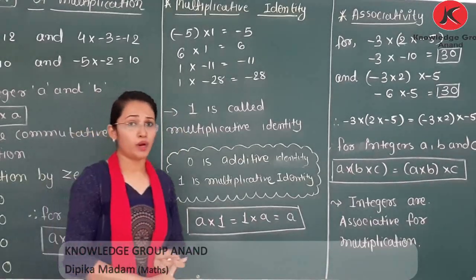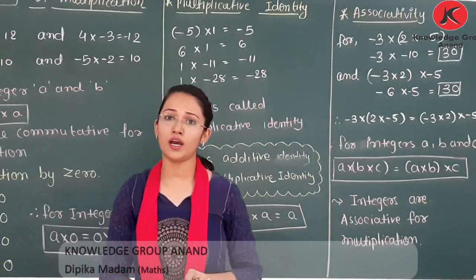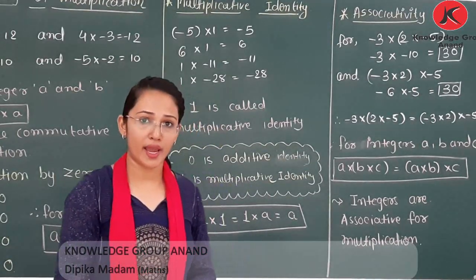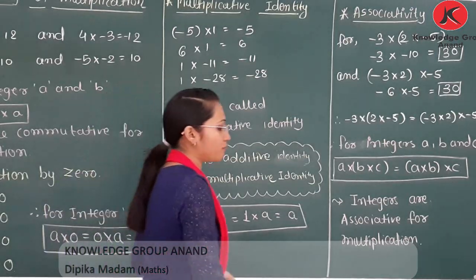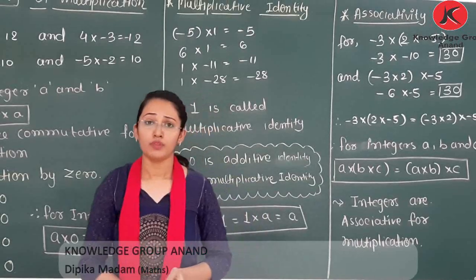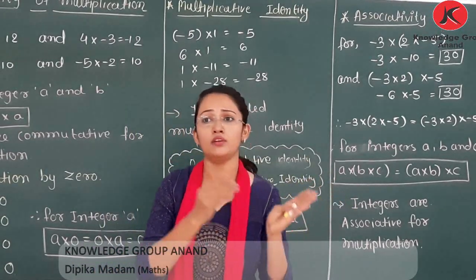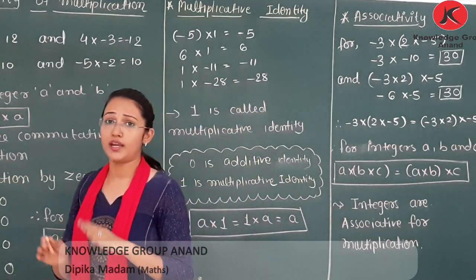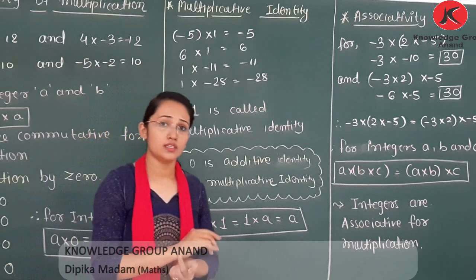After commutative property, there is associative property. Also we learned associative property for addition. Do you remember that? Associative property means we can change the group for addition. Okay, means if we add first two numbers and the second time we add second and third number, the answer will remain same.